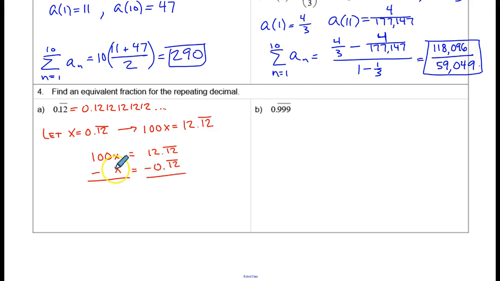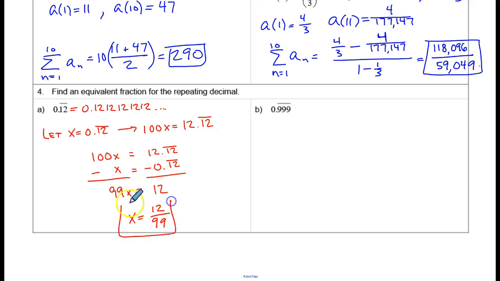And 100x minus x is 99x. Okay, so the 0.12 repeating part cancels out, and then I just have 12 minus 0, so this is 12. That means x equals 12 divided by 99.